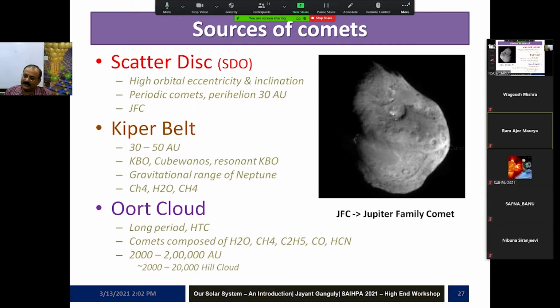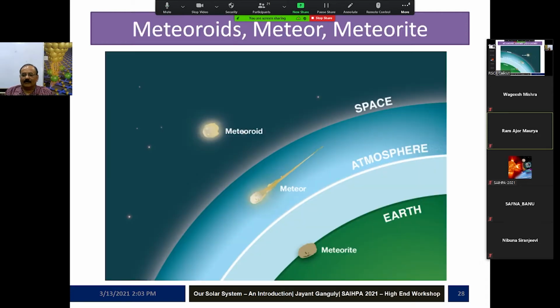There are short period comets, and other comets which are very nearby. People have classified various sources from which we can observe comets, like the scattered disk, the Kuiper belt, and the Oort cloud. Depending on the distance at which these orbits recur or move out, mainly based on orbital parameters, they are classified as various types of comets.